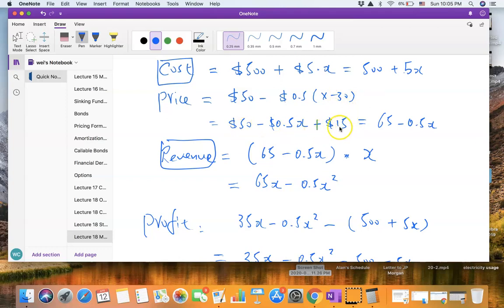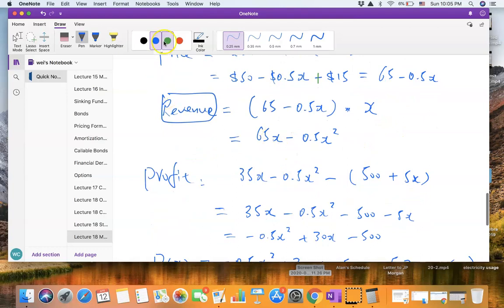So 50 added to 15 is 65. So this is 65x.